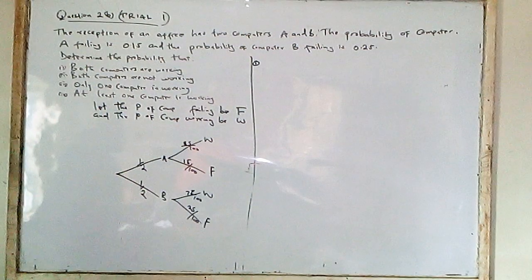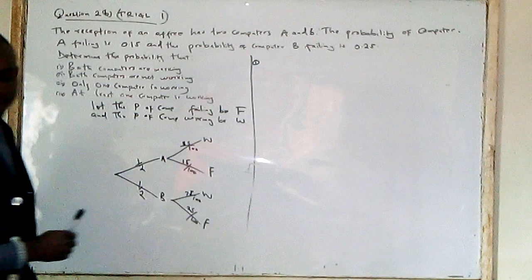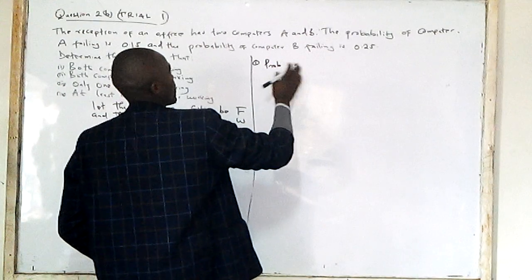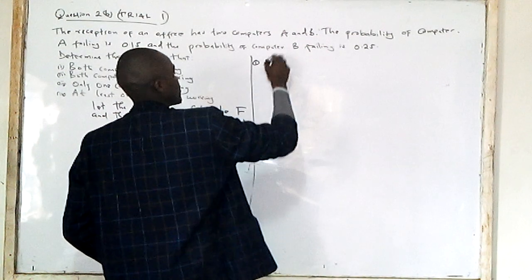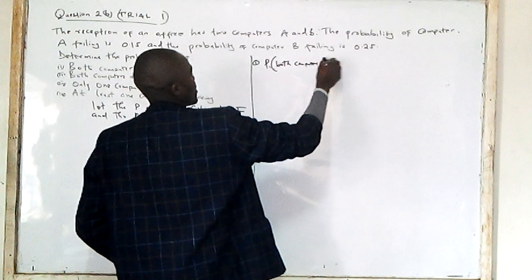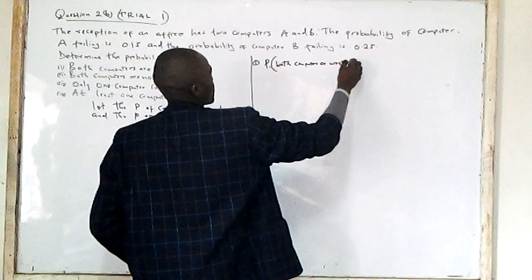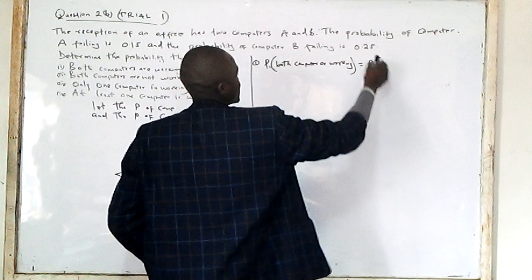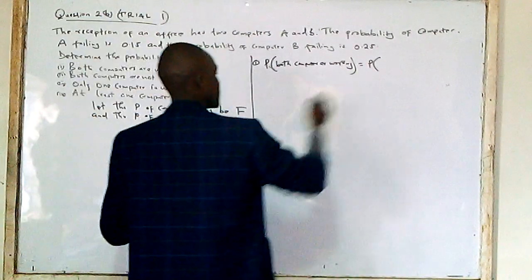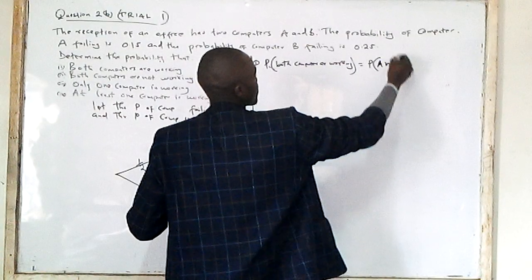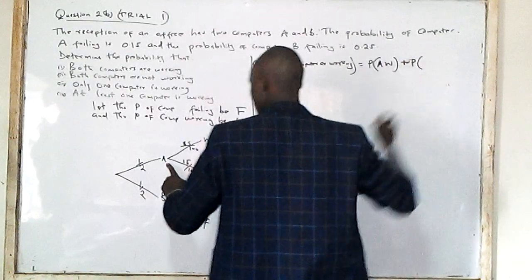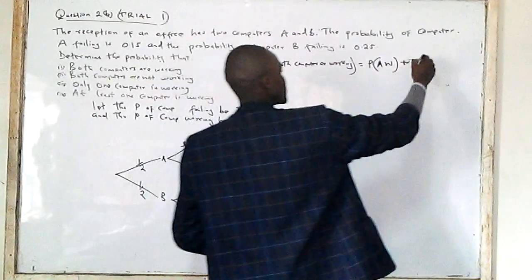So the probability that both computers are working, P(both computers are working), is equal to probability of AW plus probability of BW.